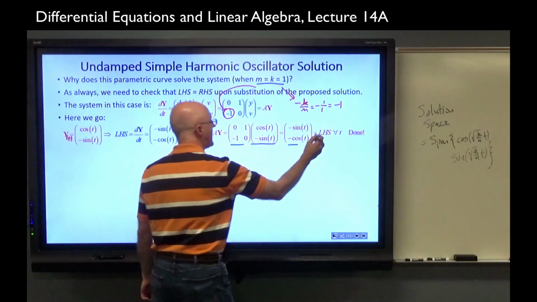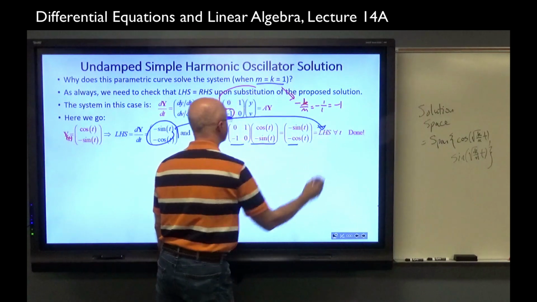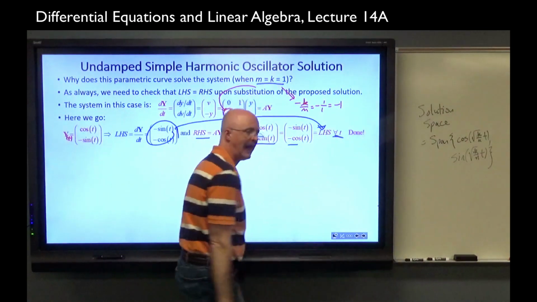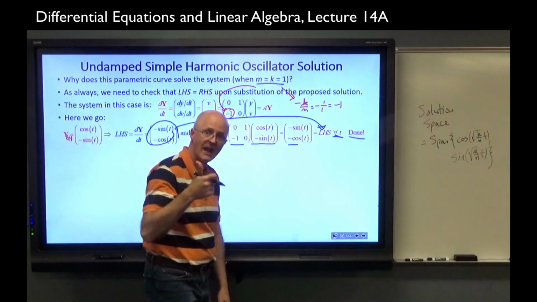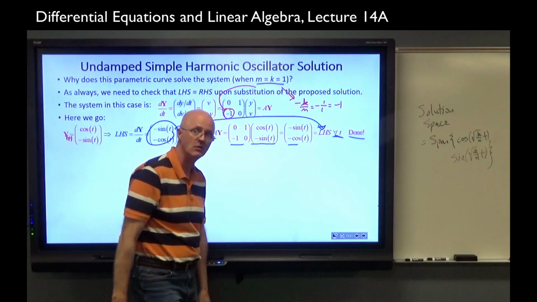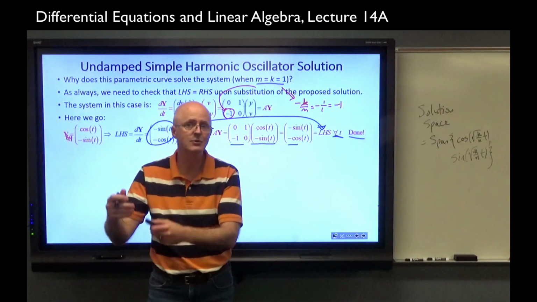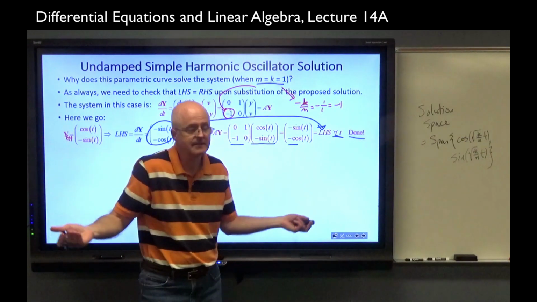It simplifies to this, and that equals the left-hand side. For all t, remember our upside down A means for all t, we're done, yay, check. It does solve the system. Now we're thinking of it not in terms of two scalar equations to check, but one vector equation to check, but they're equivalent to each other.